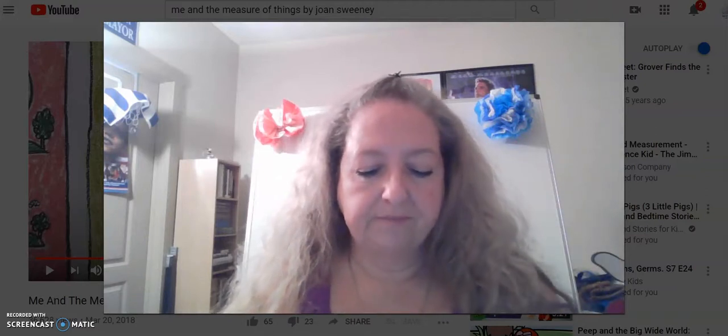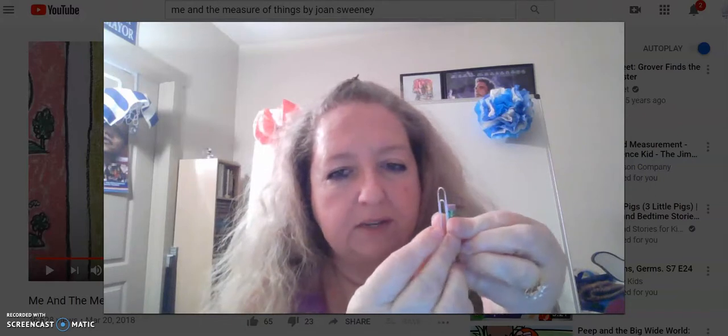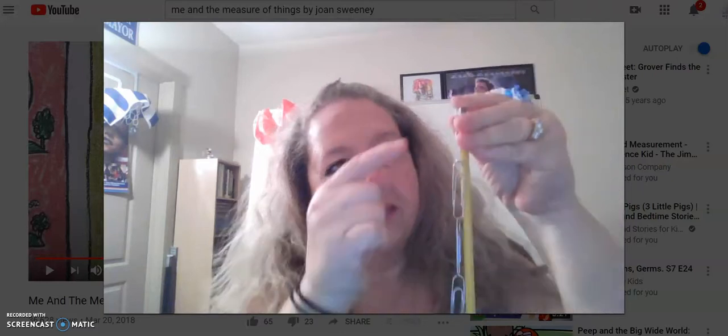Okay, so now if I take my pencil, same thing. I still have my 5 paper clips. I'm going to start at the end where the eraser is. Make sure it's not sticking up above, make sure it's not down here, right at the end point. Make sure that they're all side to side touching.